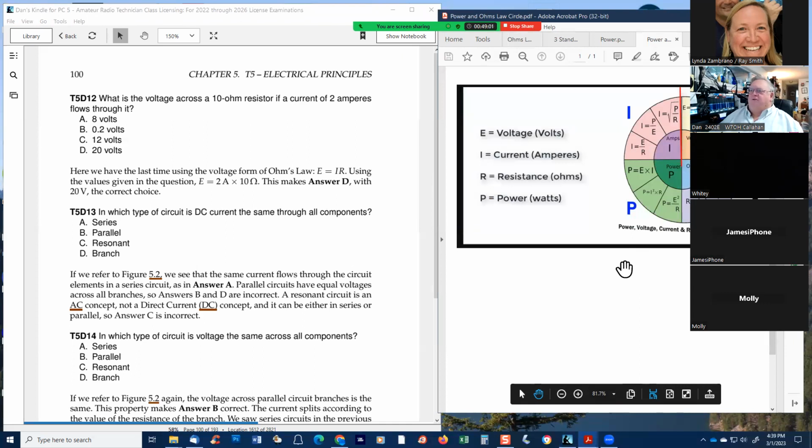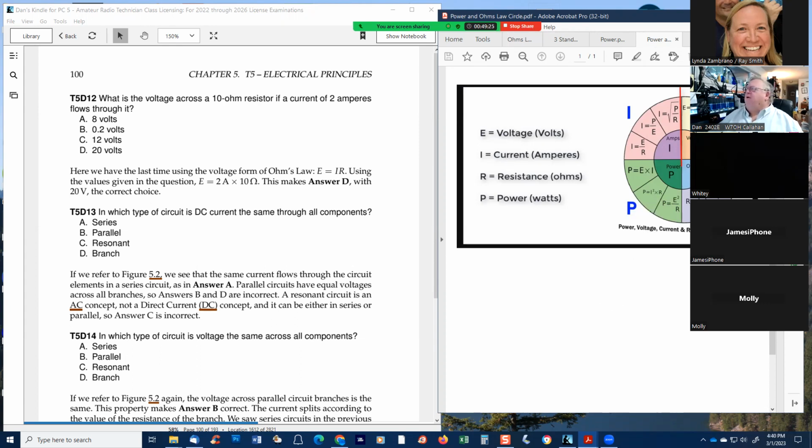It incorporates power, ohms, volts, and amps. It's a combination of the power and Ohm's law. And if you wanted power equals these things, you can figure out what you need from that.